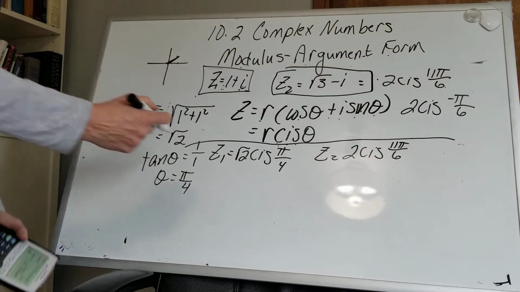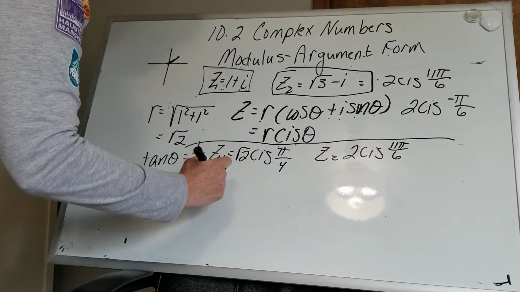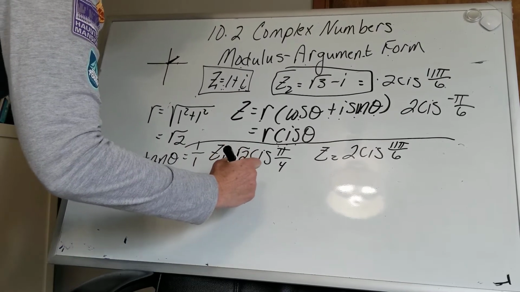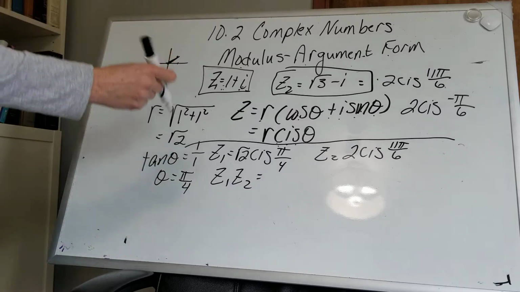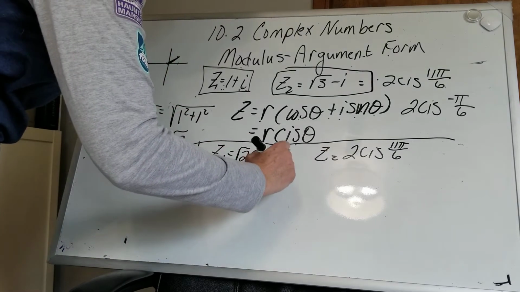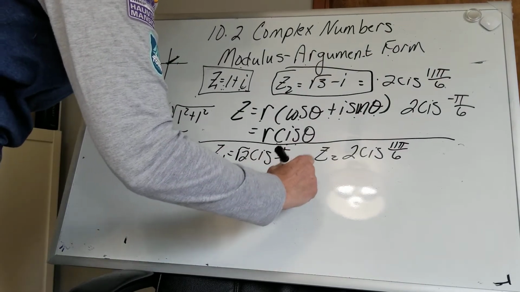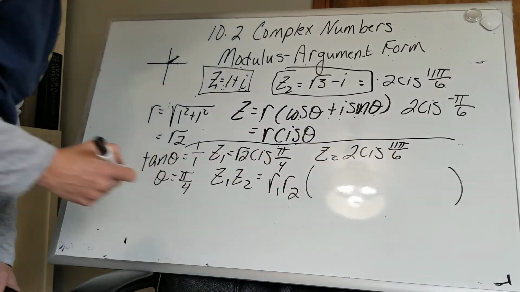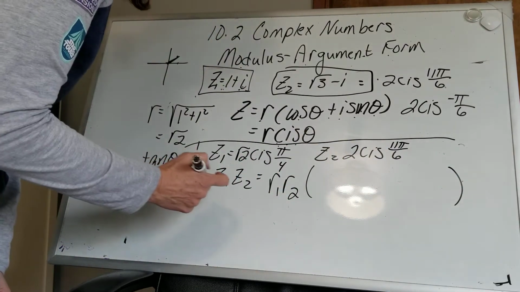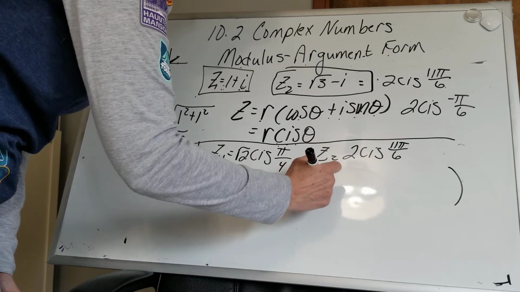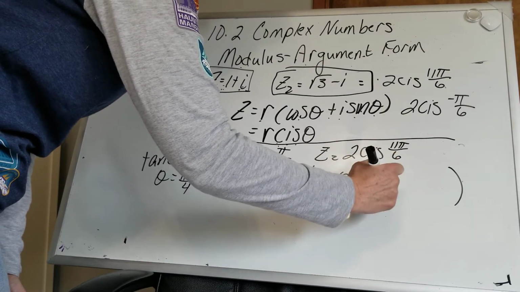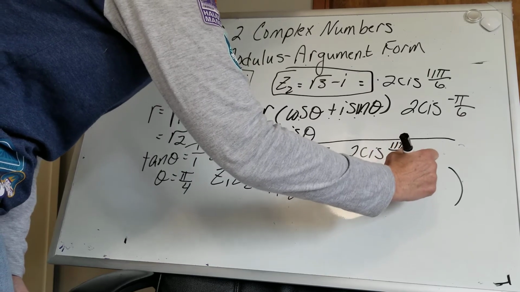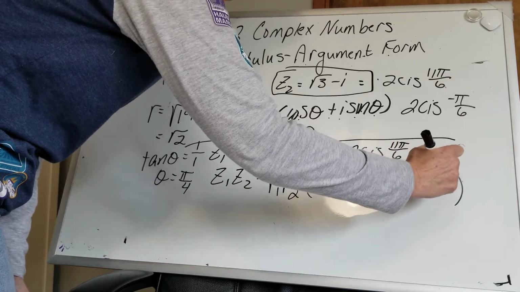All right, now if I'm going to multiply two complex numbers, what I am going to do is multiply the radii, and I'm going to add the angles. So it's going to be cosine of theta 1 plus theta 2 plus i sine of theta 1 plus theta 2.